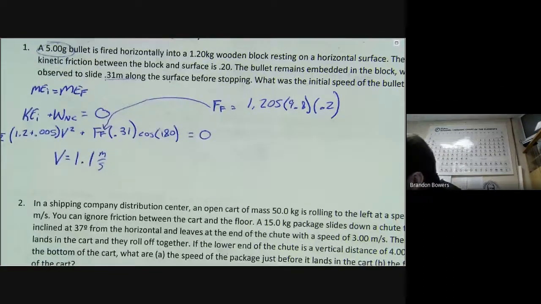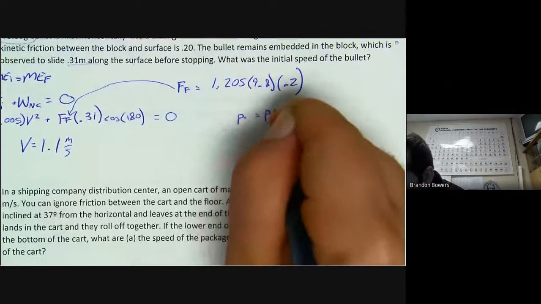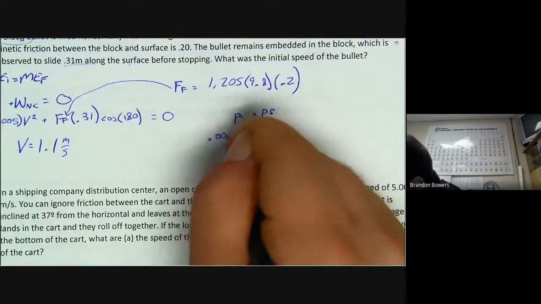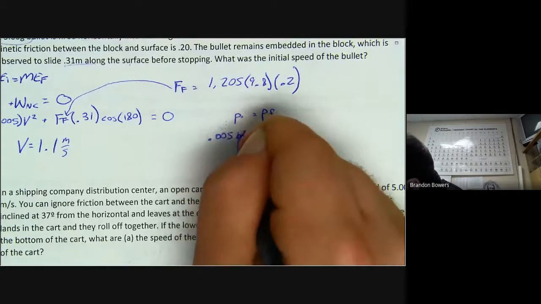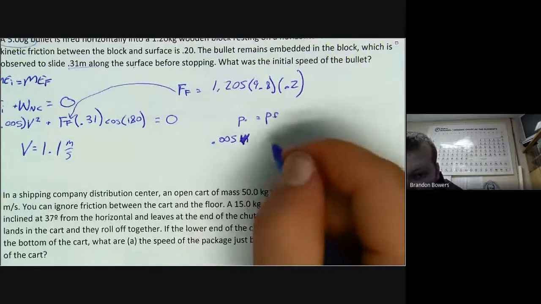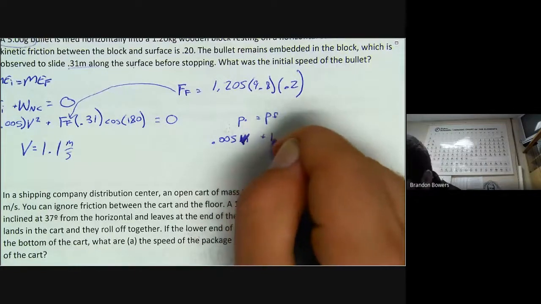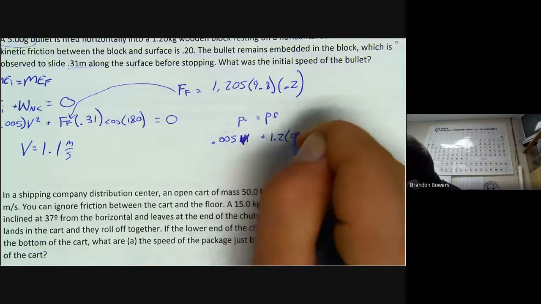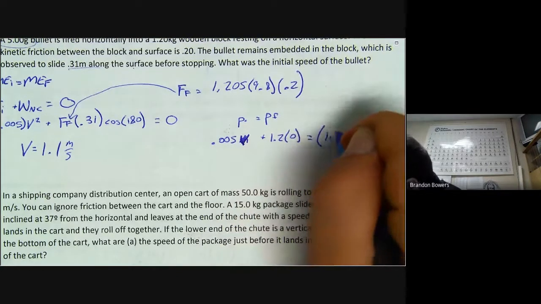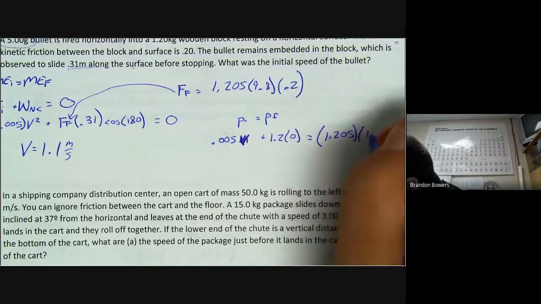To solve for the initial speed of the bullet, you're going to have your momentum initial equal to momentum final. Initially, you have the mass of the bullet, 0.005, times its velocity, plus the mass of the block times its initial velocity, which is 0, equal to the combined masses, 1.205, times its velocity, which we just solved to be 1.1.